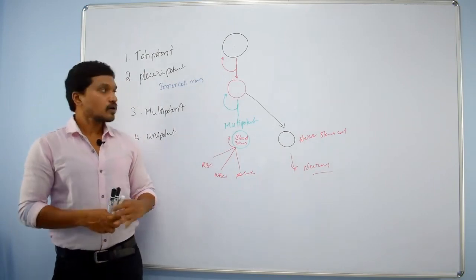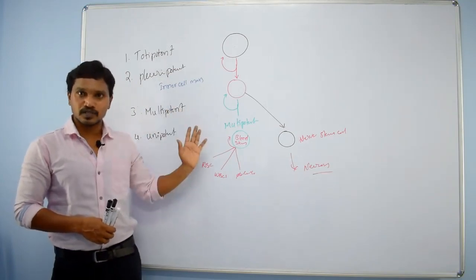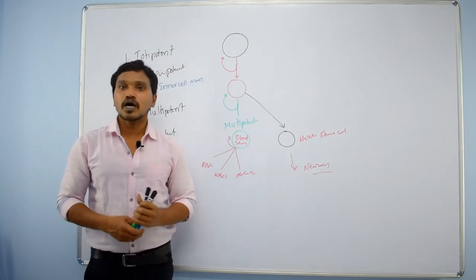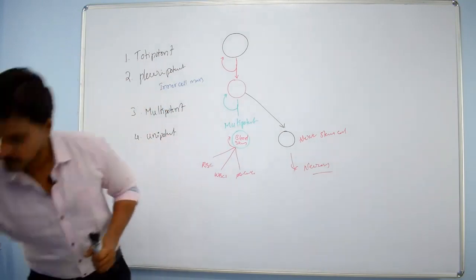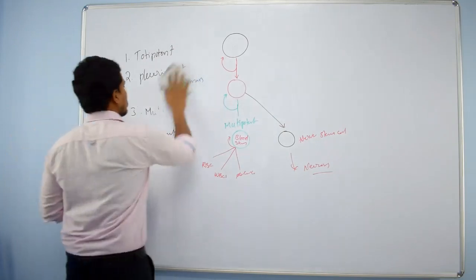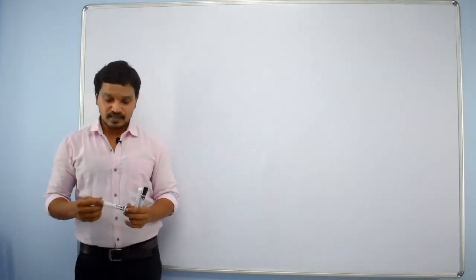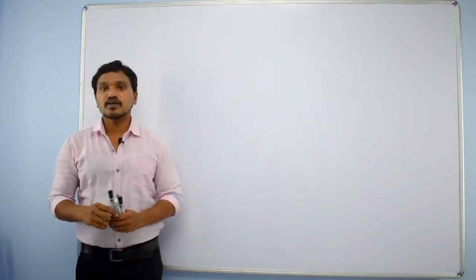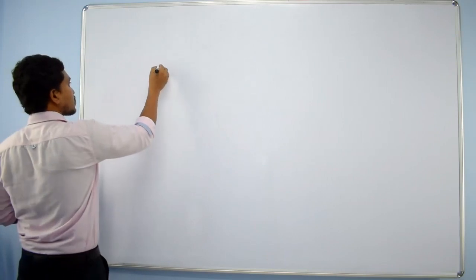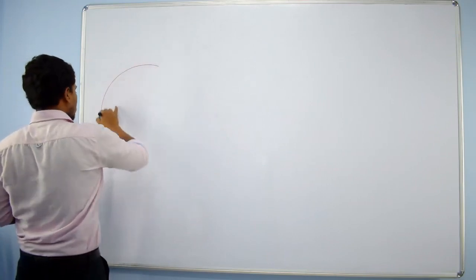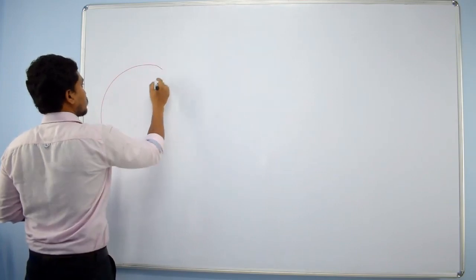Clear? I hope you understood what is growth and what is differentiation. Now we will go to our topic proper, the cell cycle. The cell cycle consists of two phases, I hope you must be aware of it: interphase and M phase.